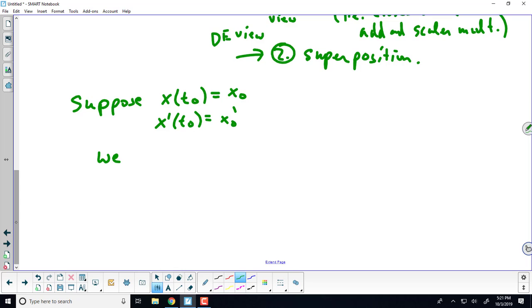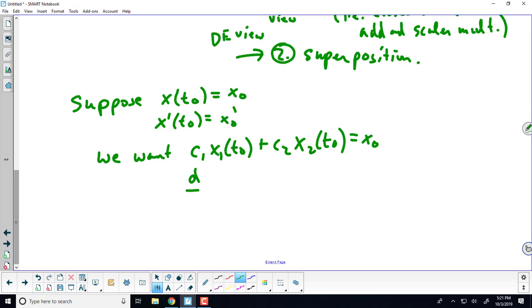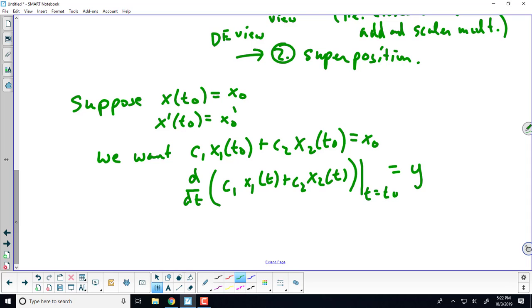We want our linear combination c1 x1 of t naught plus c2 x2 of t naught to equal x naught, and we want the derivative of our solution, c1 x1 of t plus c2 x2 of t, evaluated at t equals t naught to equal this x naught prime.